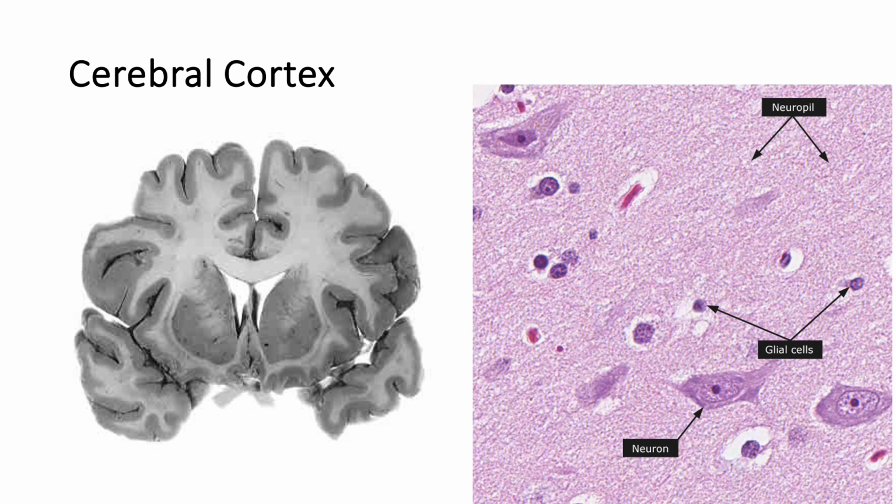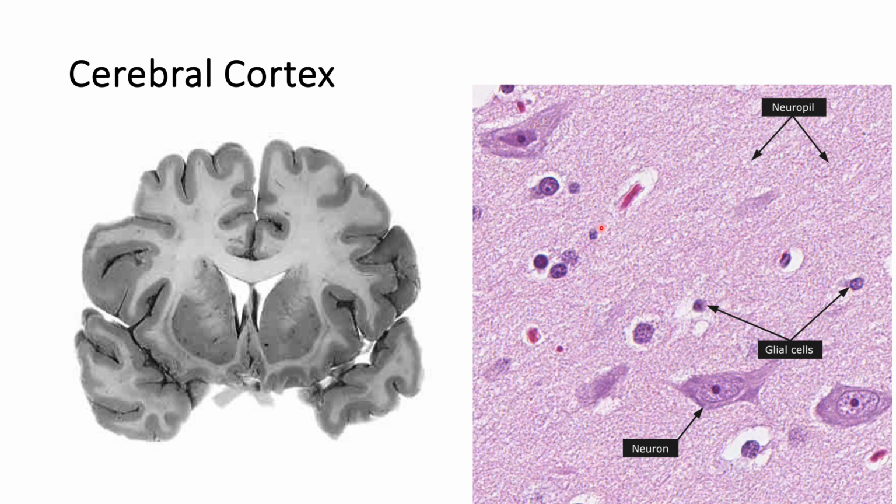When we look at the cerebral cortex, we find very large neurons which are usually multipolar neurons. So you can see the nucleus, the cytoplasm, and then extensions of the dendrites. Then again, you can see glial cells there.